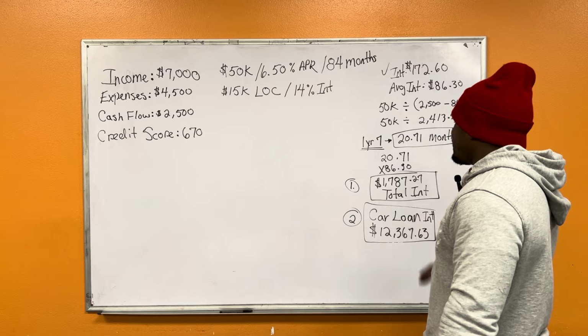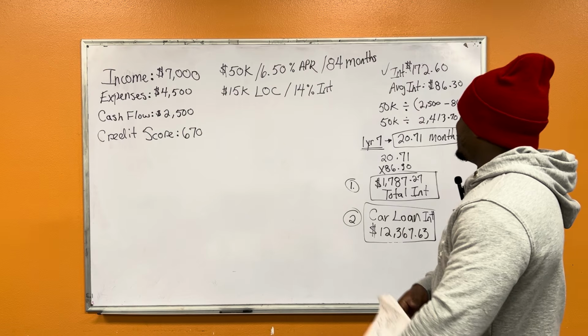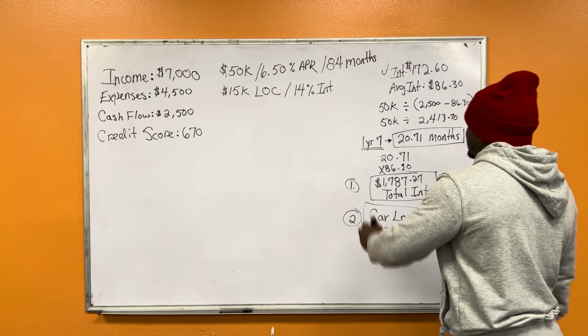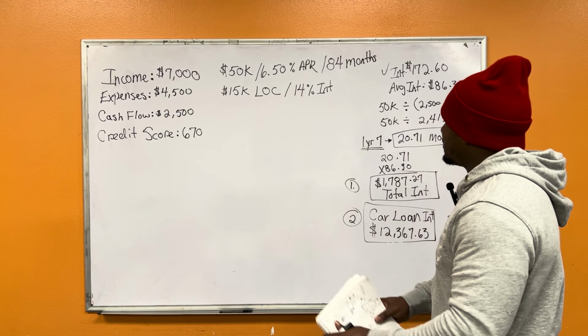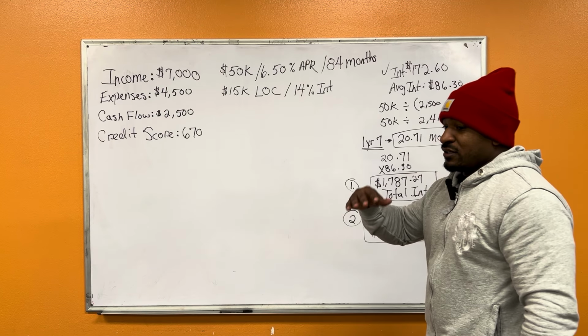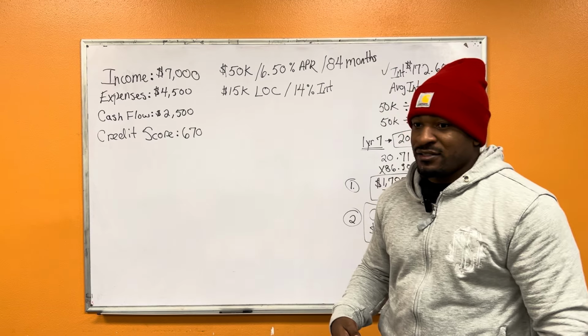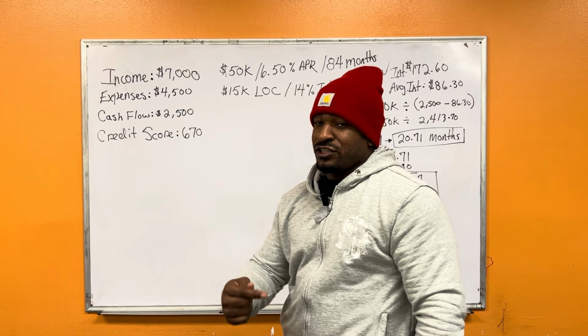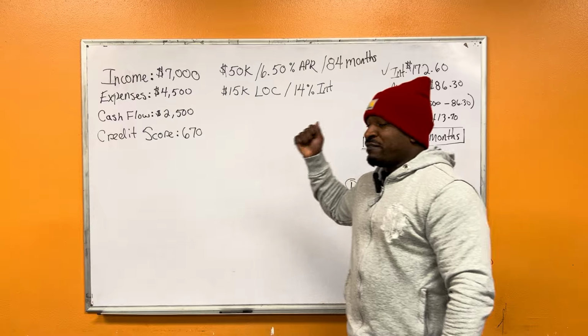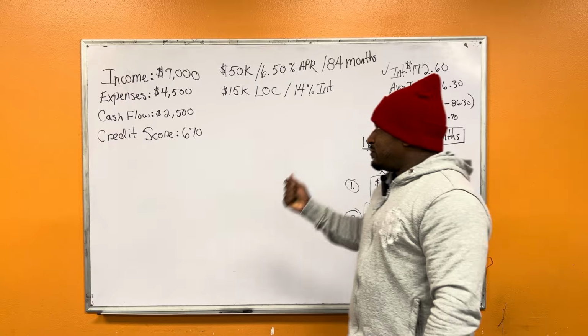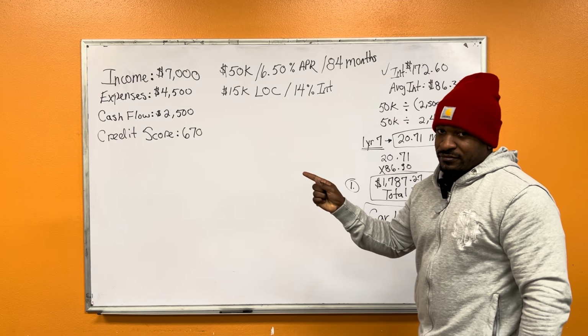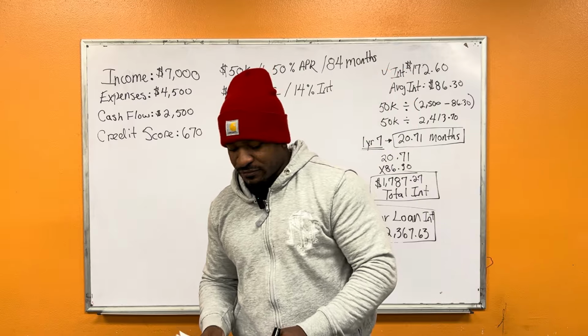So he's cutting down 84 months, which is 7 years. So he's cutting down 6 years and 3 months. He's cutting down 6 years and 3 months for a $50,000 car with a personal line of credit. That's the power of personal line of credit.